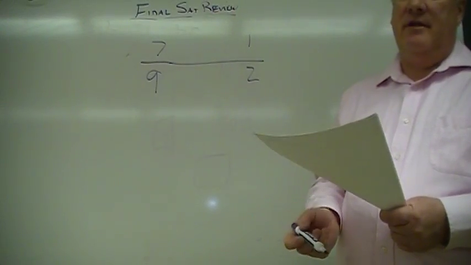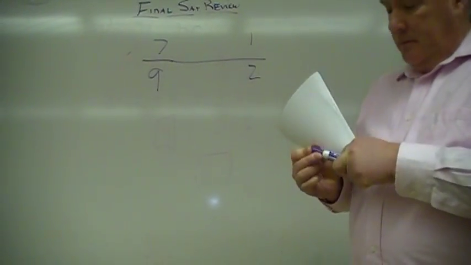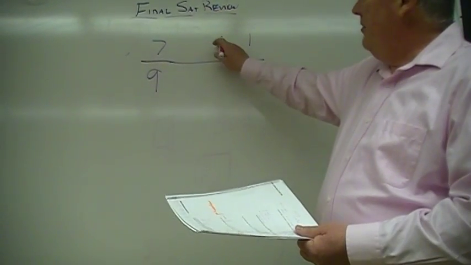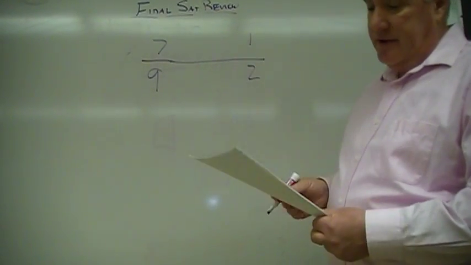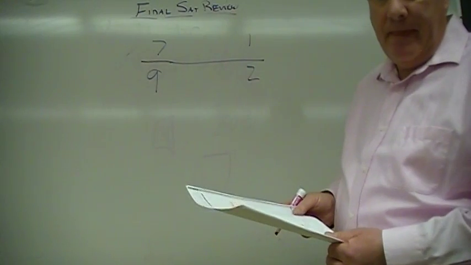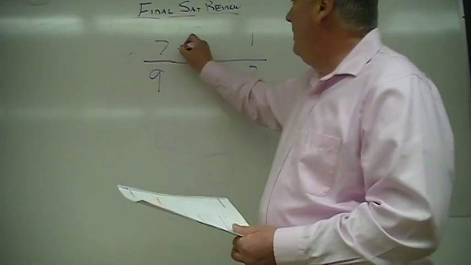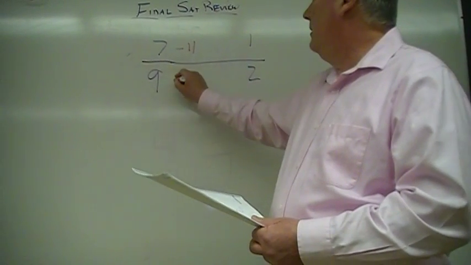Try them. See if they work. So you've got 7/9. We want to add that number that's given to that fraction and see if we get 1/2. So we're adding negative 11.